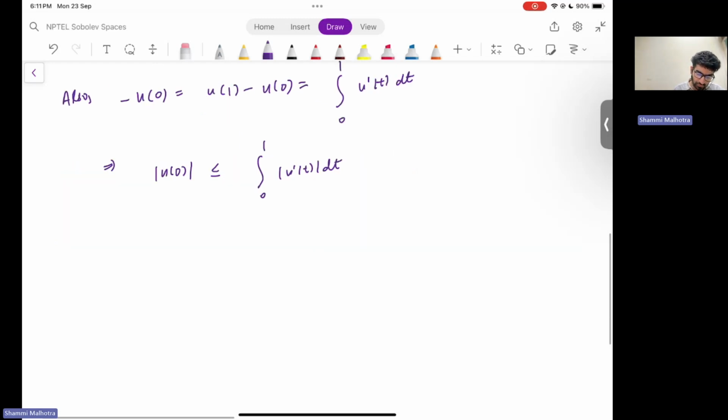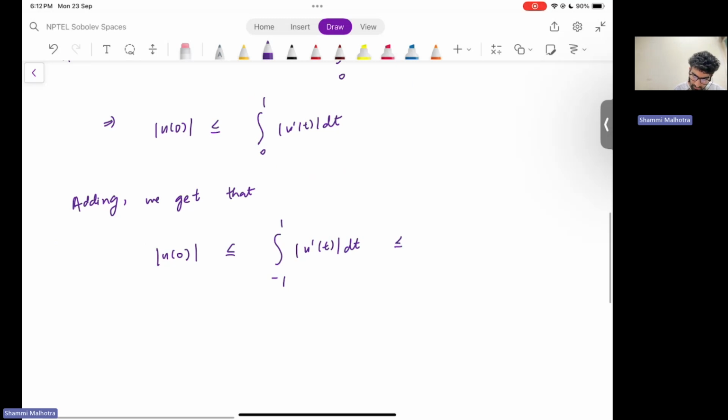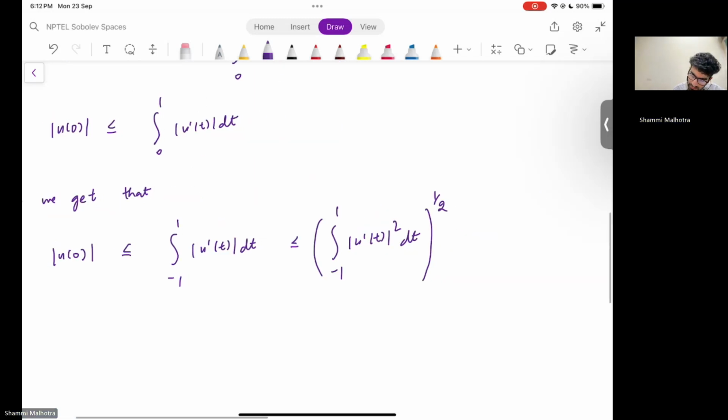Adding these, we get that the mod of u(0) is less than or equal to the integration from -1 to 1 of |u'(t)| dt. This whole can be written as less than or equal to the integral from -1 to 1 of |u'(t)|^2 dt, all to the power of half, from the Hölder inequality or the Cauchy-Schwarz inequality, times the integral from -1 to 1 of 1 dt, to the power of half, which is the square root of 2.